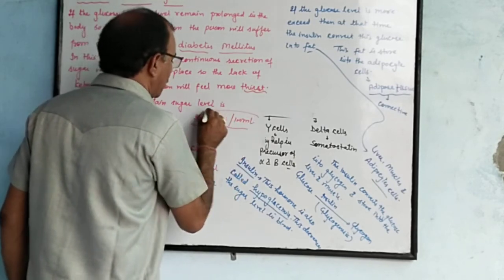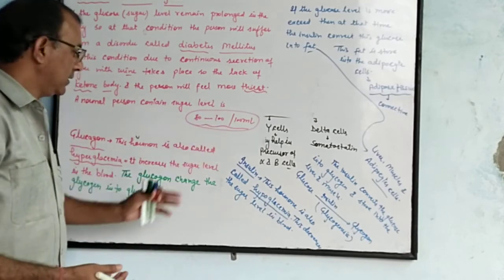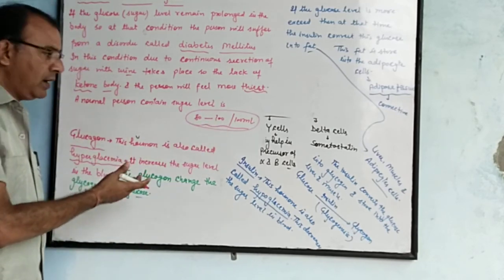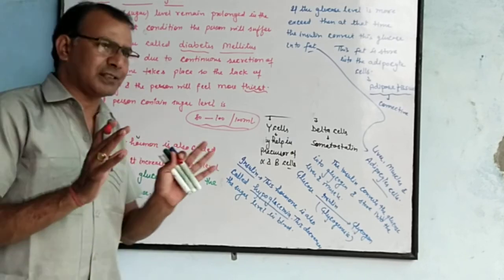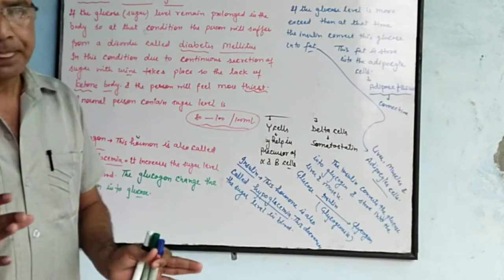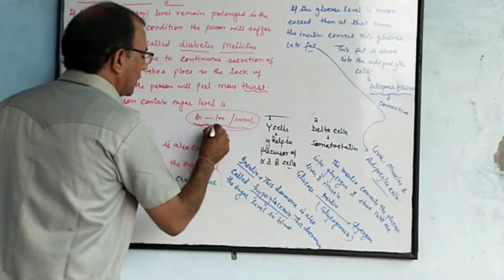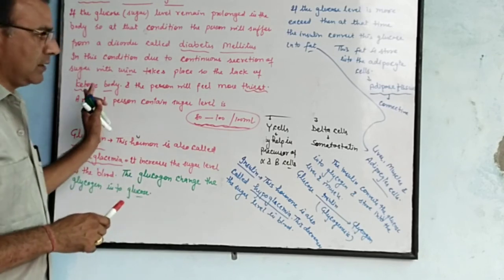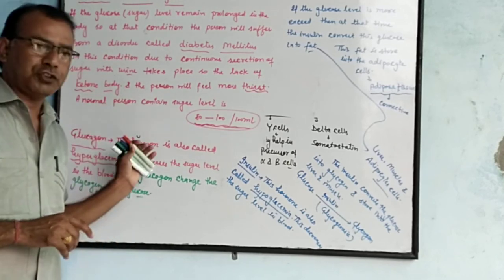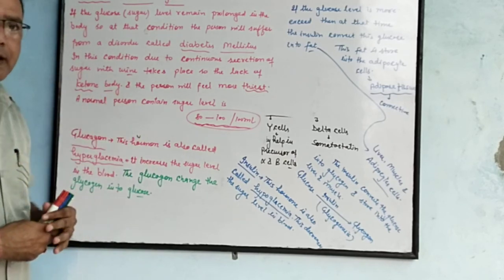This is the normal sugar level in the body. But if it exceeds, that is called hyperglycemia. If it decreases, that is called hypoglycemia. Both conditions are extremely bad for the person. Clear? This is the function and secretion of the hormones of the pancreas gland.